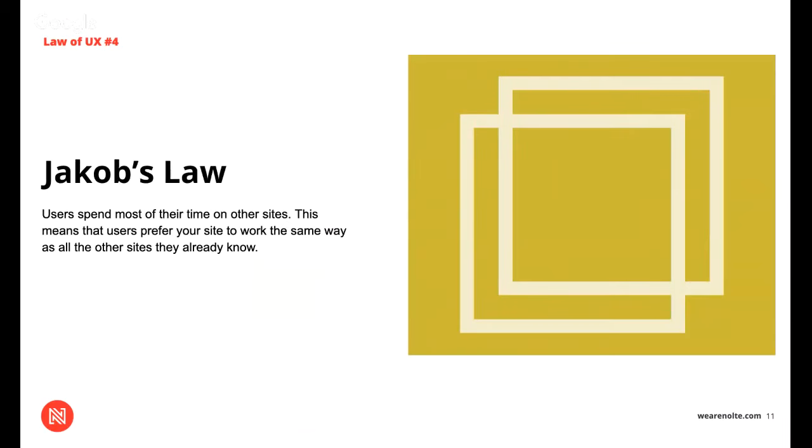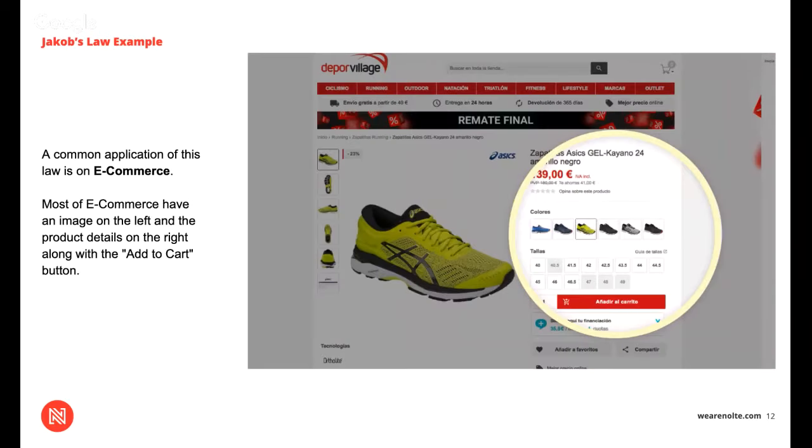The other law is Jakob's law, which says that users spend most of their time on other sites. This means that users prefer your site to work the same way as all of the other sites that they already know. A common example of this is e-commerce.